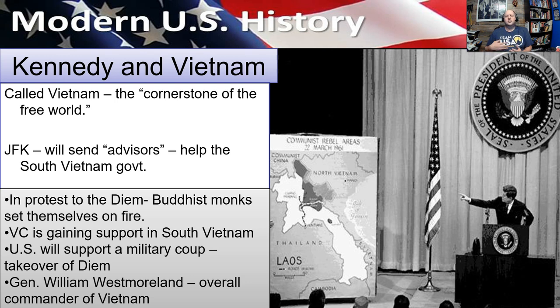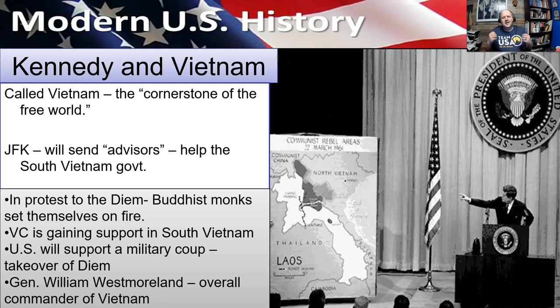So again, Kennedy is going to be initially involved in the beginning stages of this conflict. He makes several public statements, has press conferences, and calls Vietnam the cornerstone of the free world.